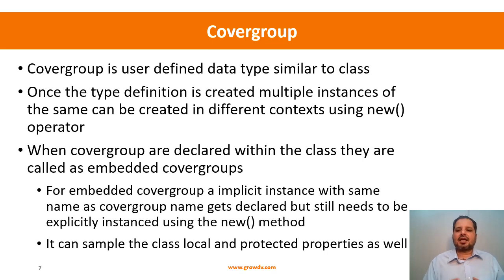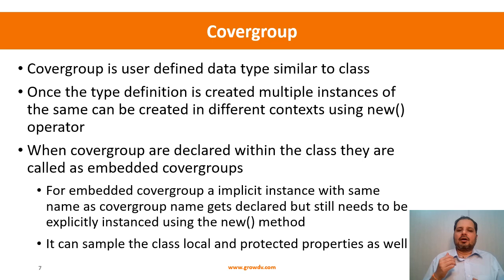The facilitation that we have when you declare the cover group in a class is, first of all, there is a term for that. When you have some class, and within that you say cover group, the name of the cover group and end cover group, the declaration that you are providing within the class body, then it's called an embedded cover group.